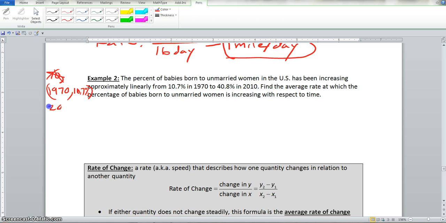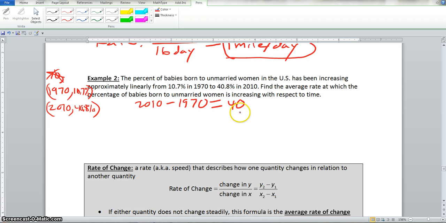And then 2010 was 40.8%. And just as we did in the other problem, this is what we would do. How long did it take? So we'll take 2010 minus 1970, which gives us 40. So that's 40 years.